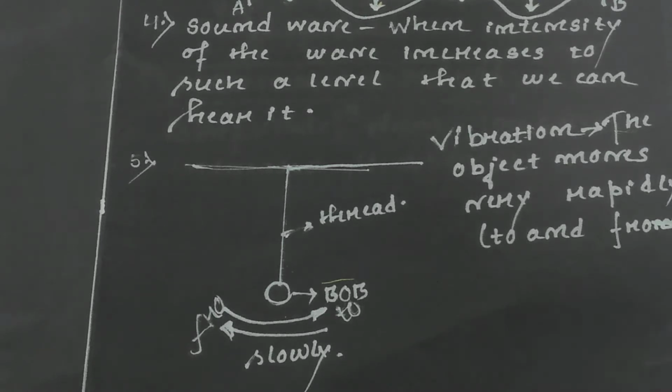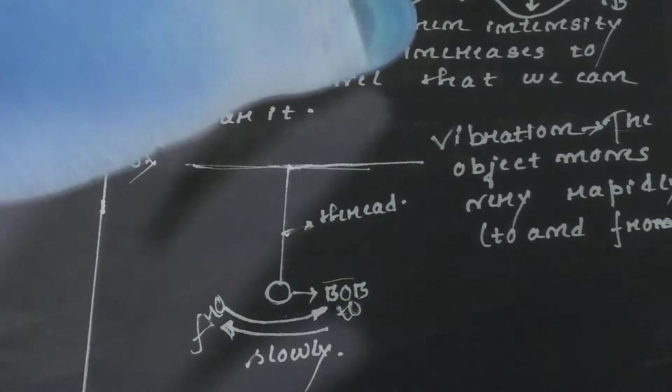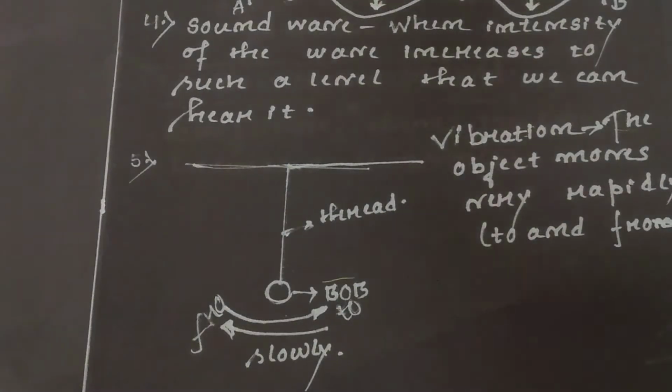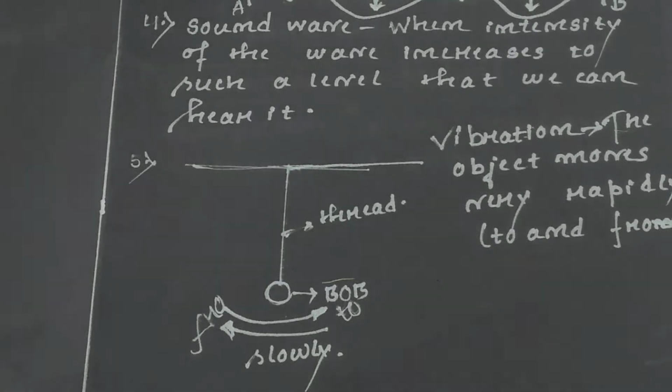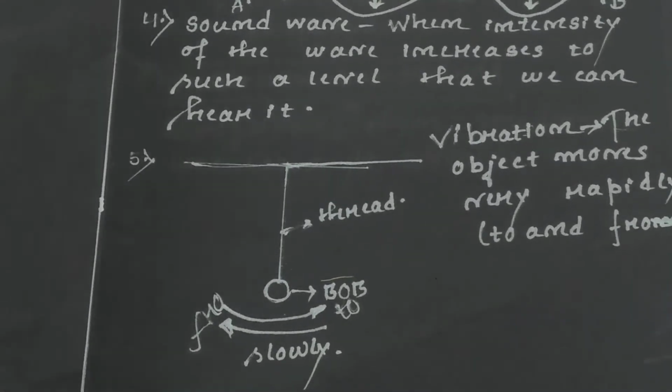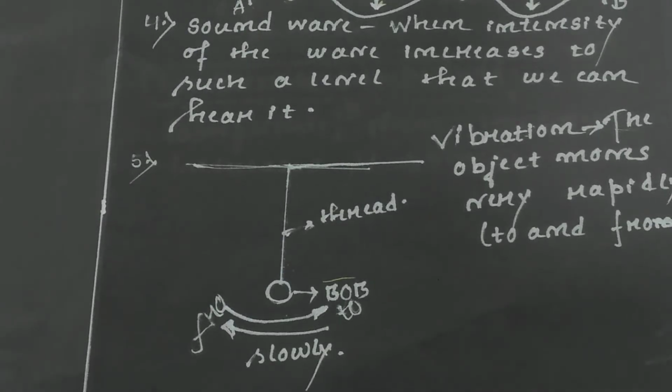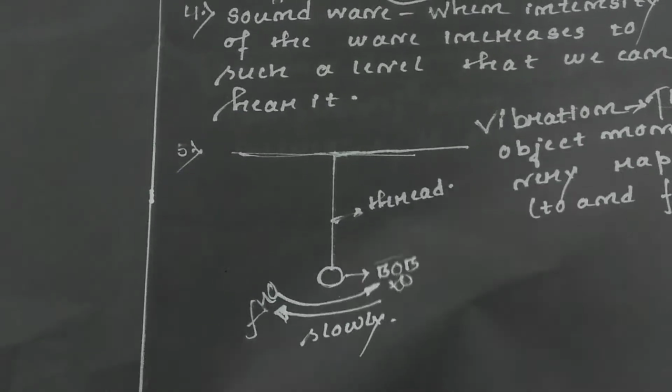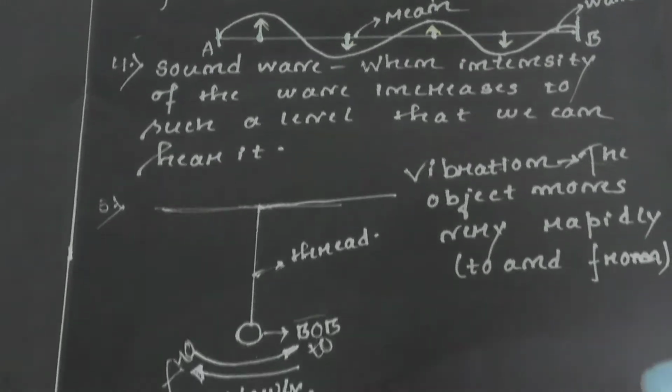So what is vibration and what is oscillation? This might not be new to you. Vibration, as I told you, is when an object moves in to and fro position. Similarly, when an object moves in to and fro motion, we call it oscillation. So which one is right? Let's see. There is a very simple difference between them, and the difference is on the basis of speed.